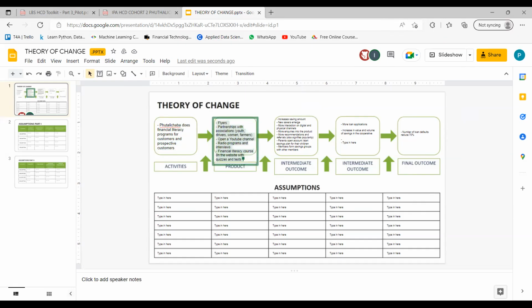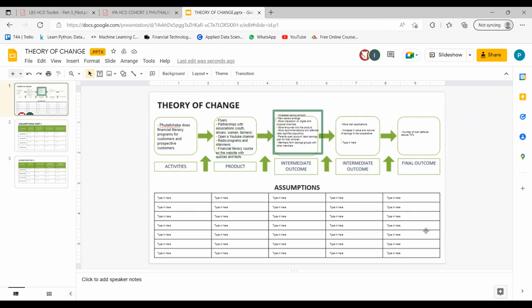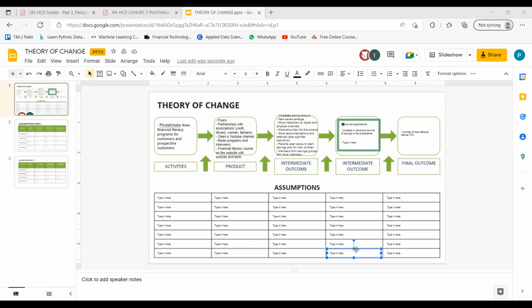Okay, no problem. From our side, the issue was default in loan repayments. So our activity was that Phutalichaba should hold financial literacy programs for customers or prospective customers.